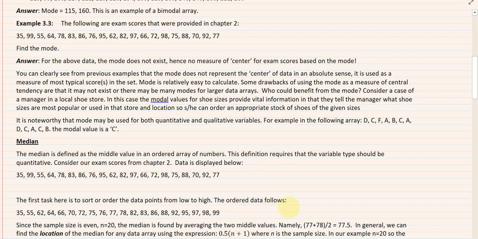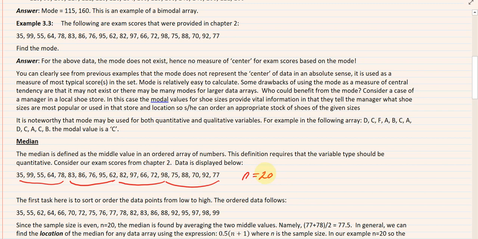So how do I find the middle value? Well, if you look at this data, how many scores are there? There are 5 here, and there are 5 in here, right? There are 5 here, that's 10, 15, and 20. So let's say the sample size here is actually 20.